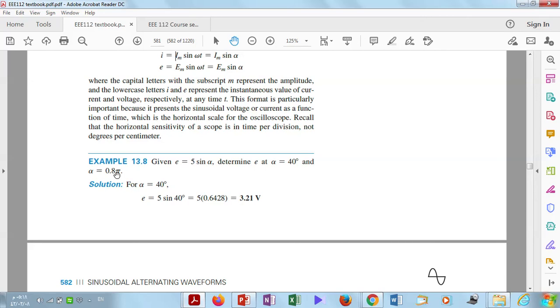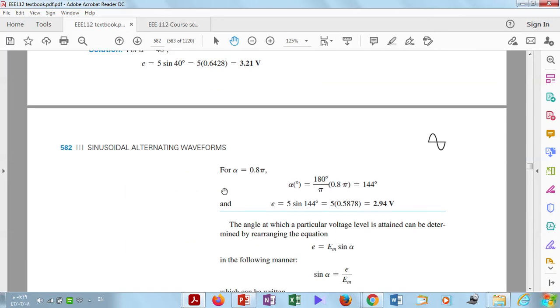For the second part, 0.8 pi, you need to convert this from radian to degree: multiply by 180, divide by pi, you will get 144 degree. Substitute sine 144, multiply by 5, you will get 2.94.